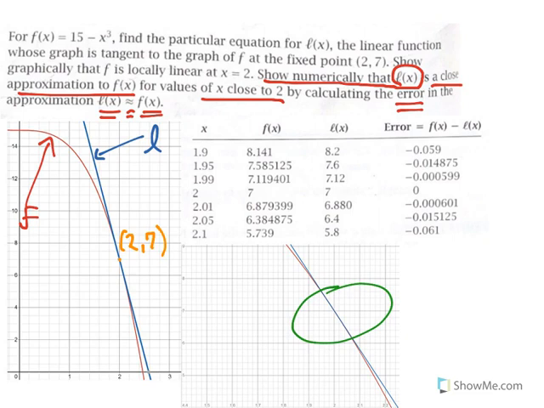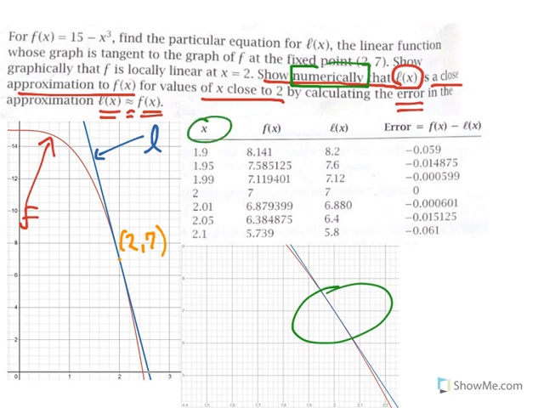The two graphs are nearly indistinguishable. So in the last sentence, we just want to verify this numerically, that L of x is a close approximation to f of x for x values close to 2 by calculating the error in the approximation L of x is approximately equal to f of x.